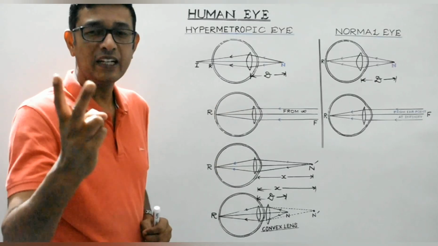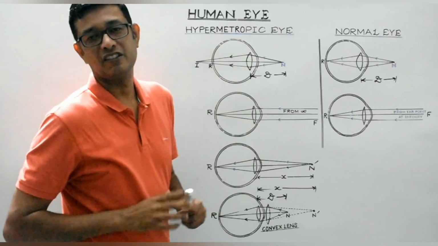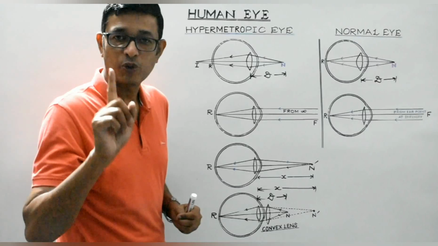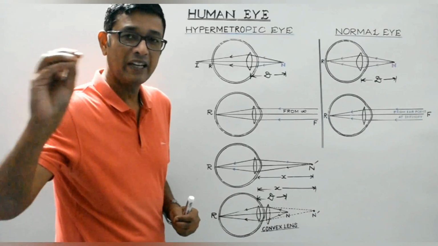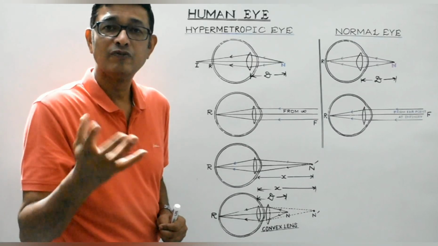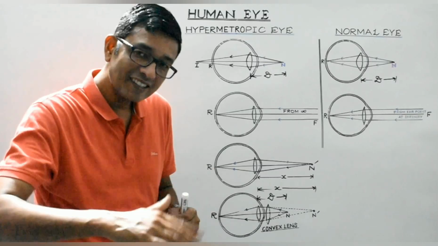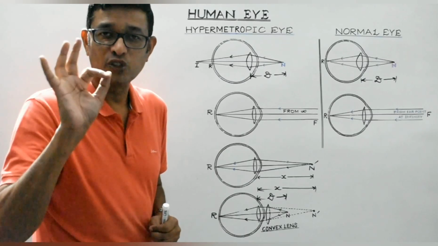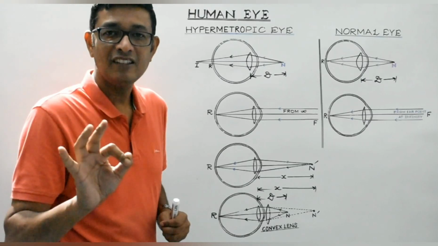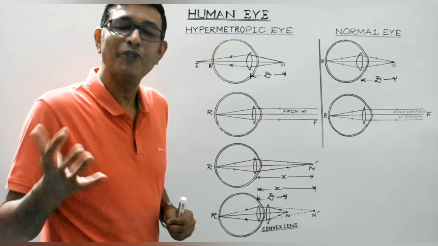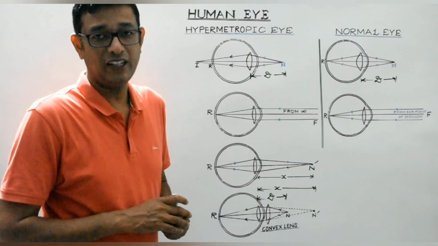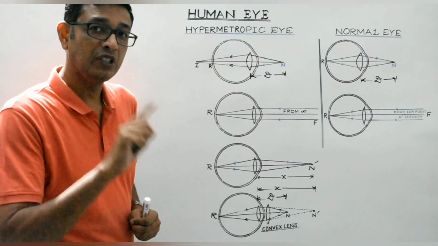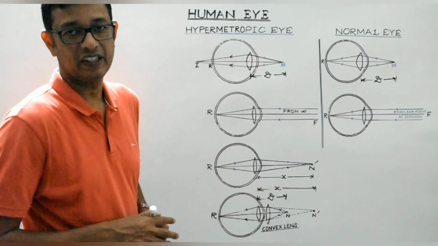So these two might be the reasons for this defect, right? And always remember, in the case of a hypermetropic eye, the far point will remain at infinity, but the near point won't be 25 centimeter. It will be greater than 25 centimeter. And last but not the least, in order to cure hypermetropic eye, a converging lens of suitable focal length is to be used, right? Let's find out the expression for the focal length of the converging lens which is to be used to rectify this particular defect.